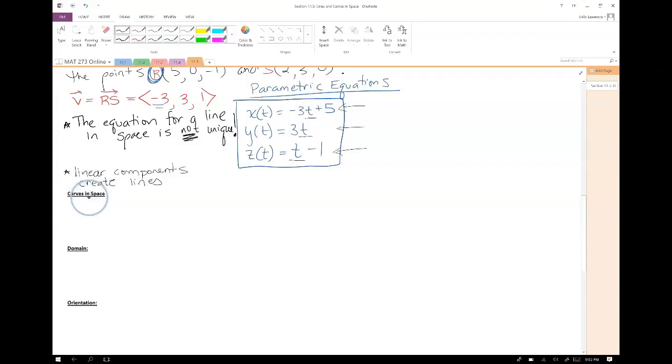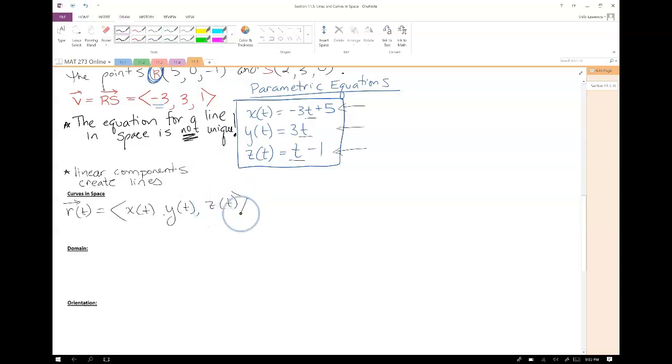So in general, a curve in space, of which a line in space is a special type, since it's just a straight line, could be something that truly does curve, and the setup is exactly the same. We're just not restricted to linear functions for these components.